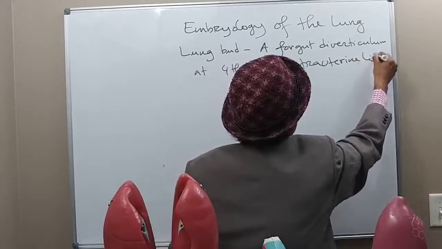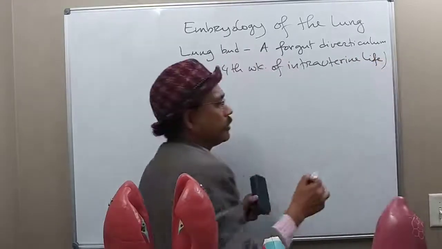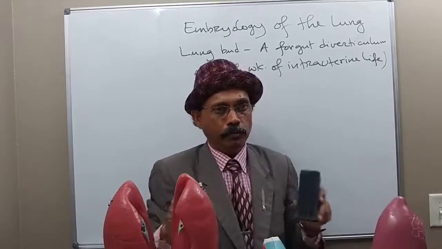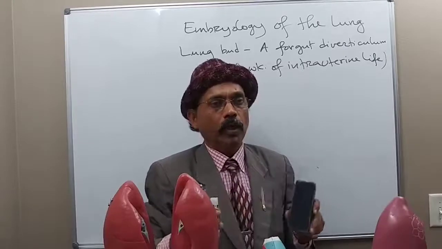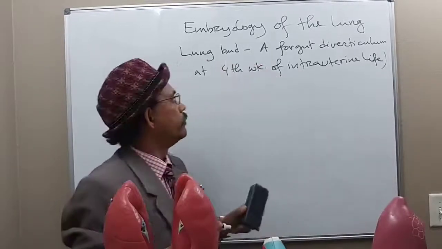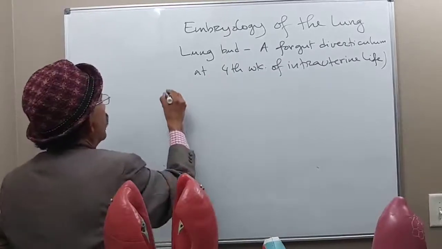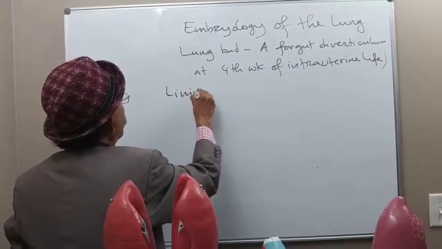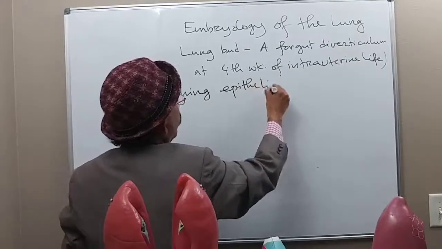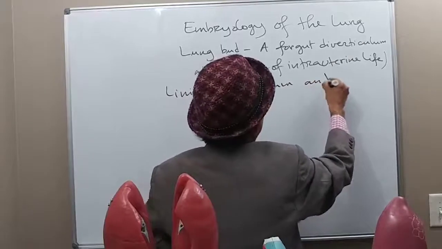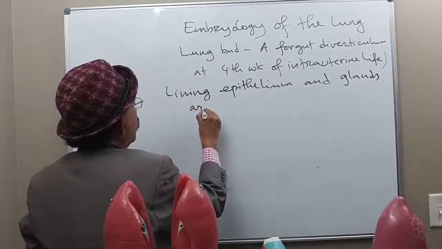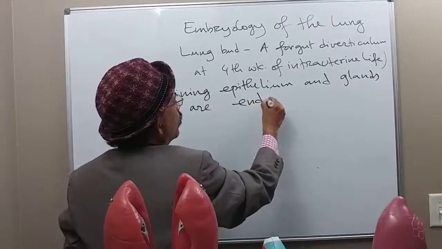Then the lung bud will continue to divide to make bronchi, then secondary bronchi, tertiary bronchi. It will continue to divide, and the lining epithelium and glands are endodermal.